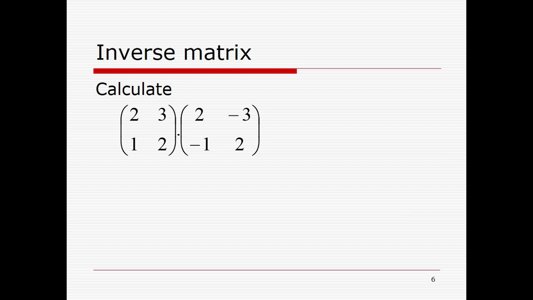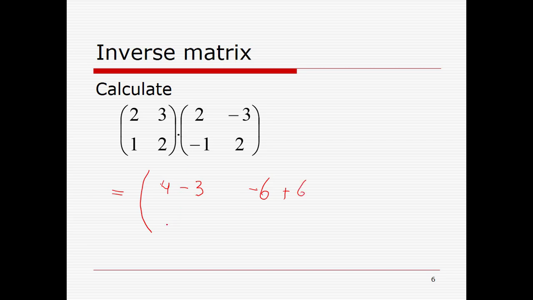So if we have another example, let's try to calculate this result. To multiply these two matrices, for the first spot, the first row, first column, that would be 2 times 2, 4, plus 3 times minus 1, so minus 3. For this spot, we would get first row, second column. So that would be 2 times minus 3 would be minus 6, plus 3 times 2 would be 6.